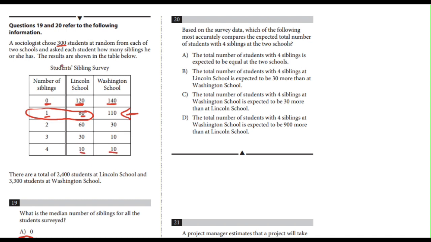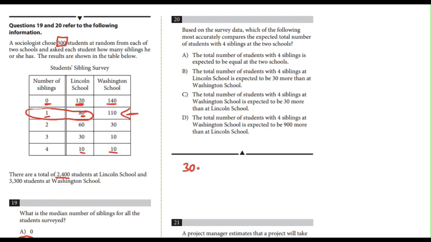Now what we need to do is think about how many more people would have 4 siblings within each school. So if the sample size was 300, and for Lincoln School, the total number of students is 2,400, then what we need to do is multiply by 8.